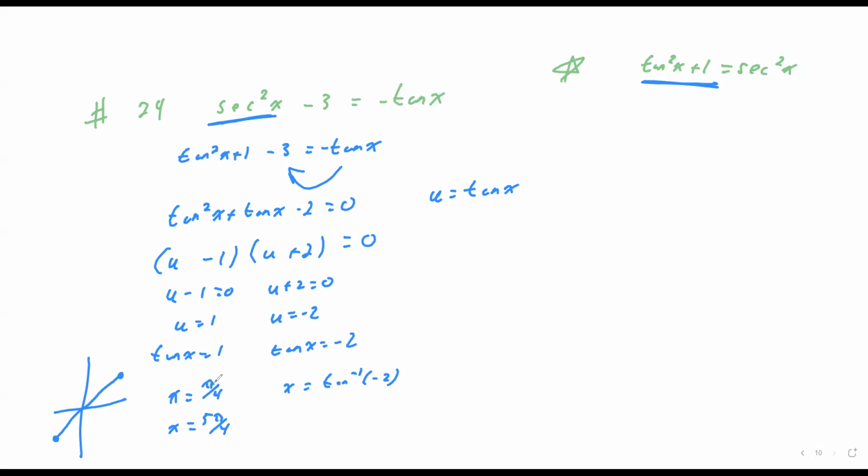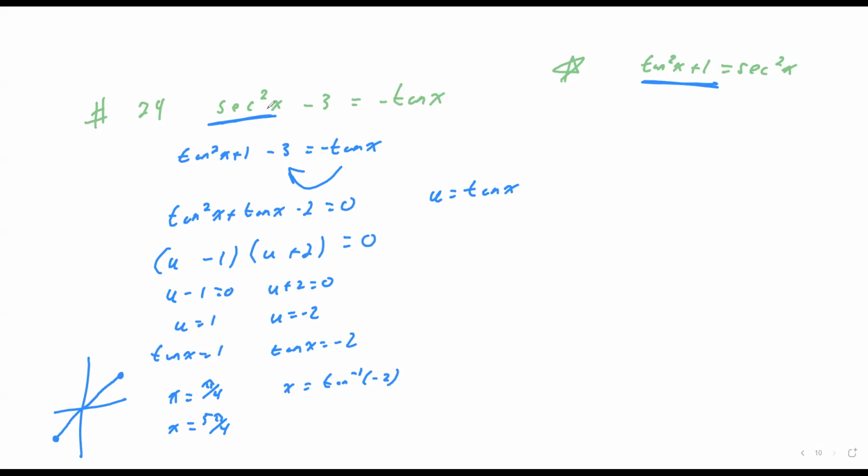Actually in this situation, I guess you don't have to back substitute, but I think it works out anyway. If you plug in pi fourths, secant is the inverse of cosine. So that'd be 2 over square root of 2, so that becomes square root of 2.